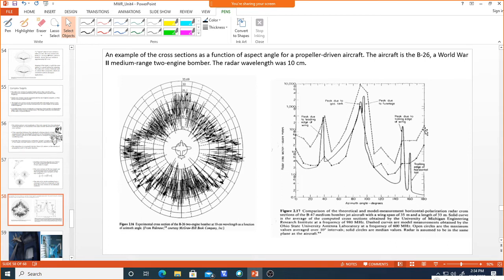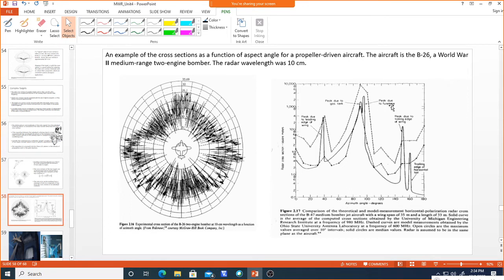You can see here the peak due to the profiling edge of the wing. While measuring the RCS, the propeller is running. If it is running it will give a different RCS, and if it is static it will give a different RCS.